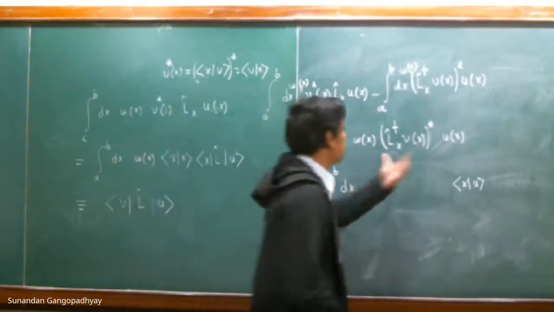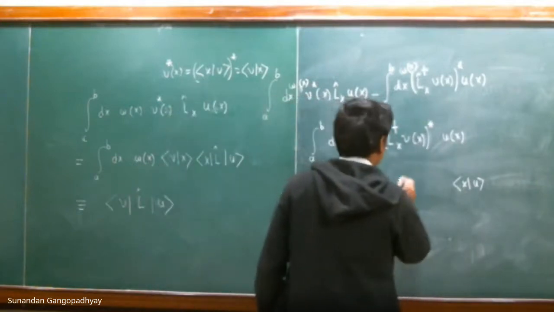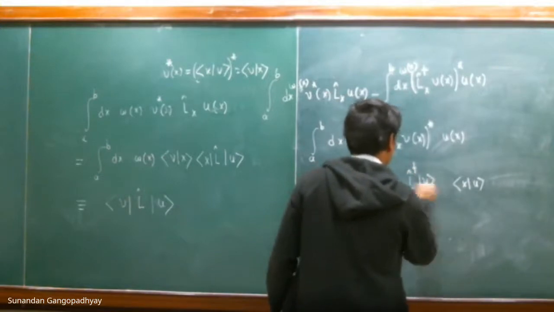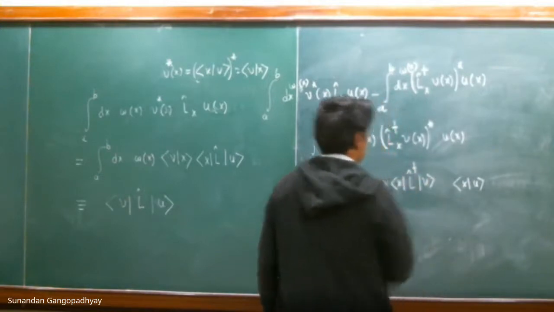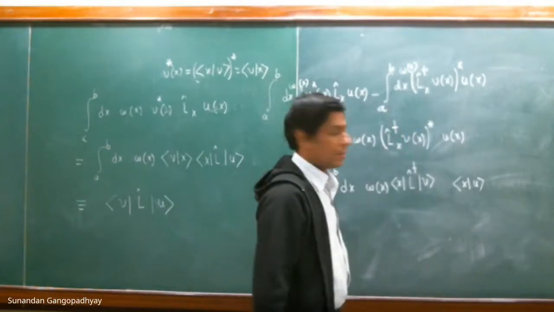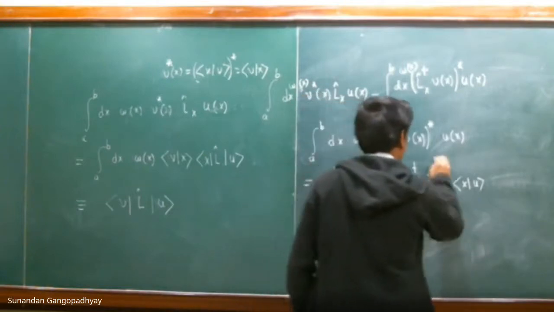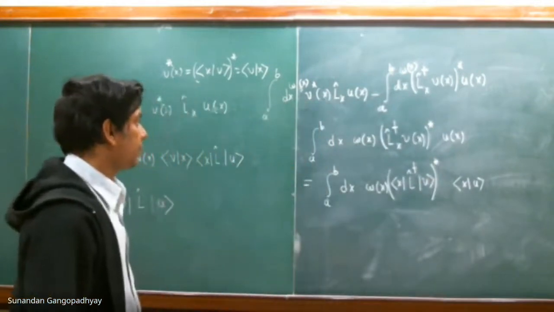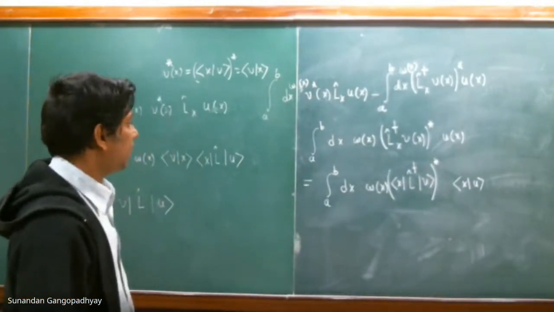And what is this particular object? If you remember, it is L hat dagger ket v, bra x, that is L hat dagger v of x, and complex conjugate of that. So this is what we have.